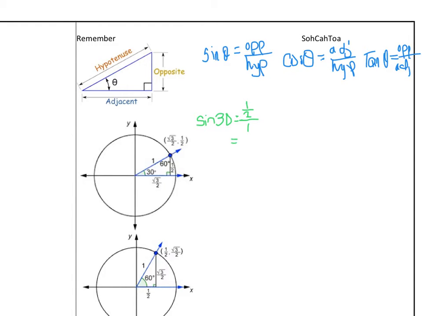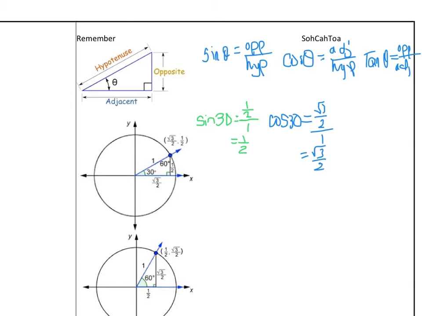So that means the sine of 30 degrees is 1/2. And then we've got our cosine of 30 degrees, and that's going to be the adjacent side, which is root 3 over 2, over the hypotenuse, which is 1. So the cosine of 30 is root 3 over 2.